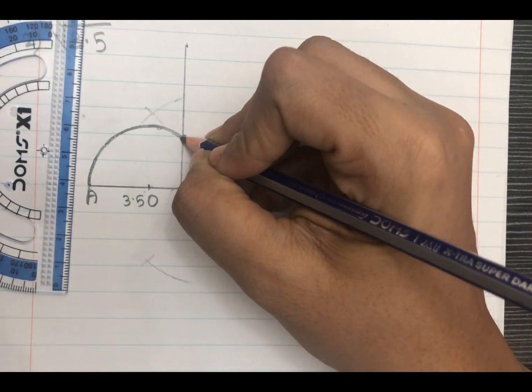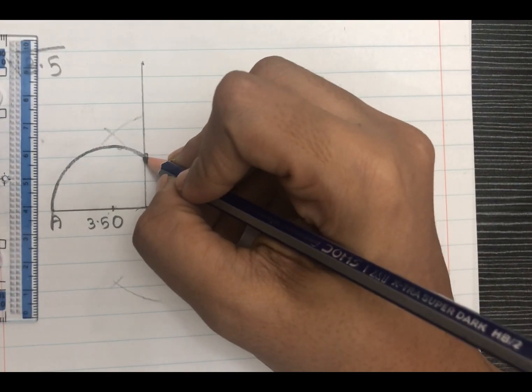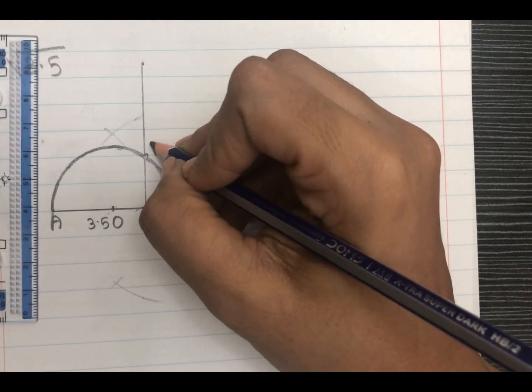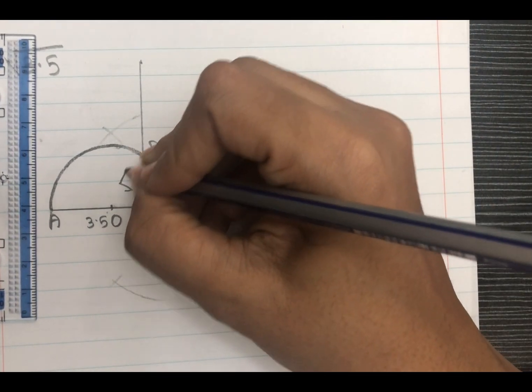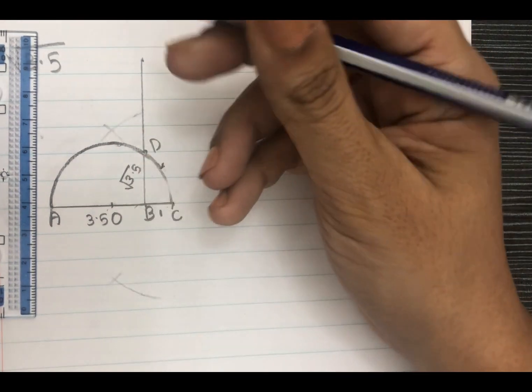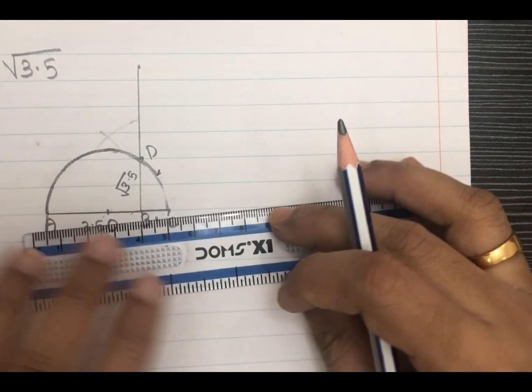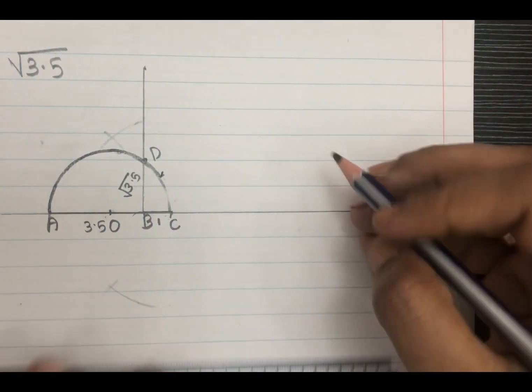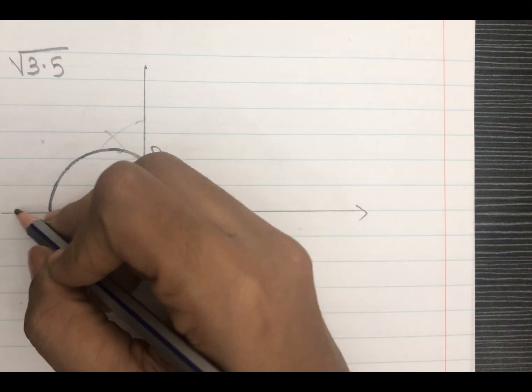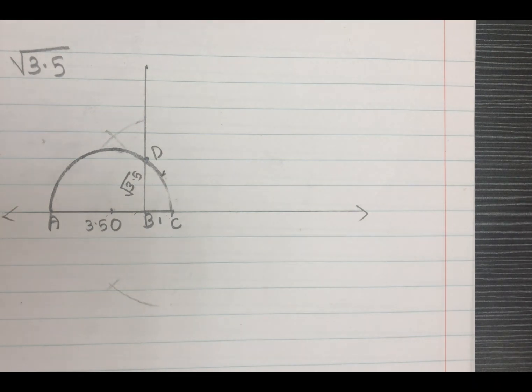Now it intersects the semicircle at point D, and now BD is what? BD is root 3.5. Now I'll extend this one.